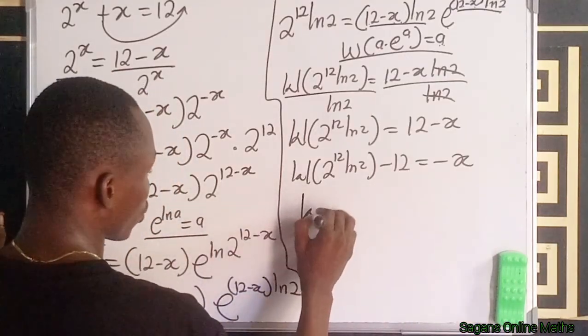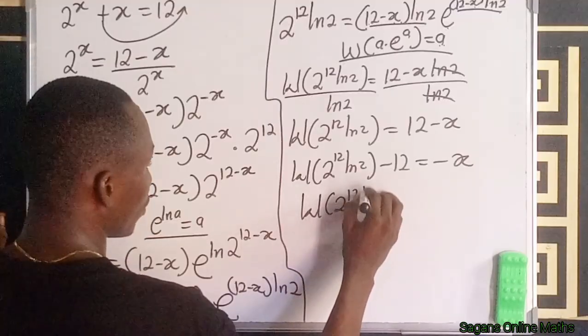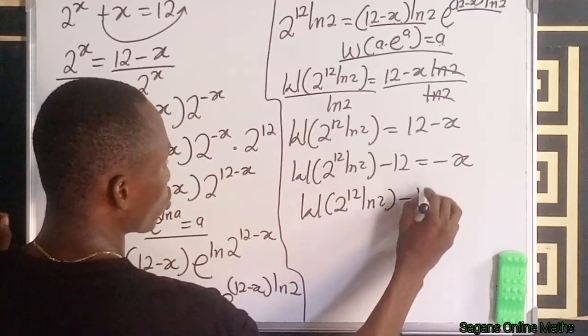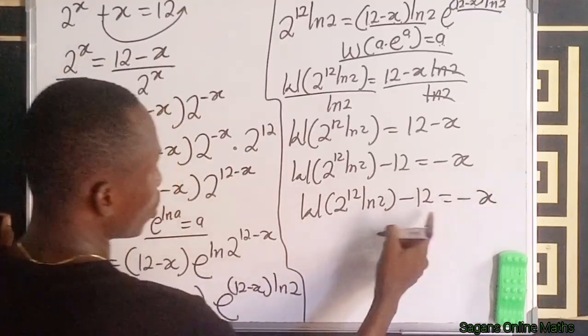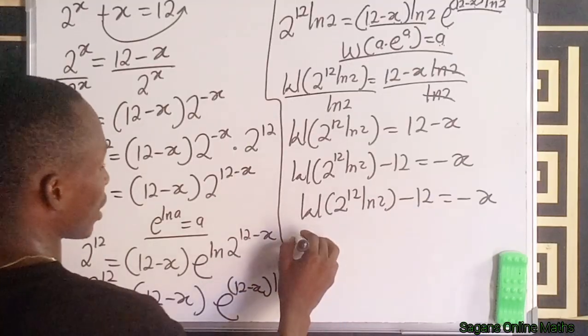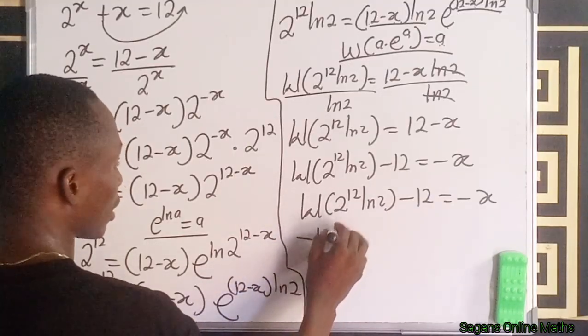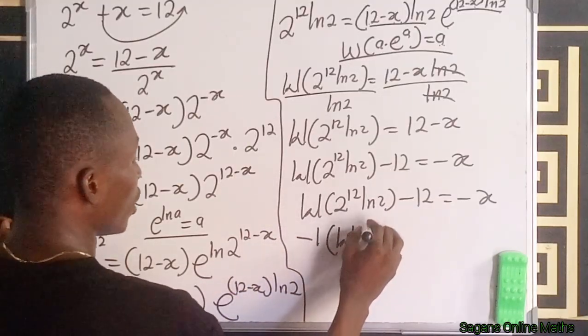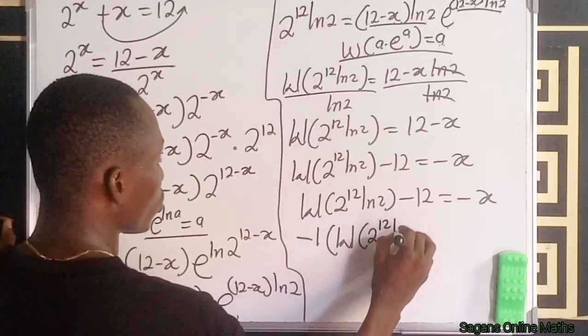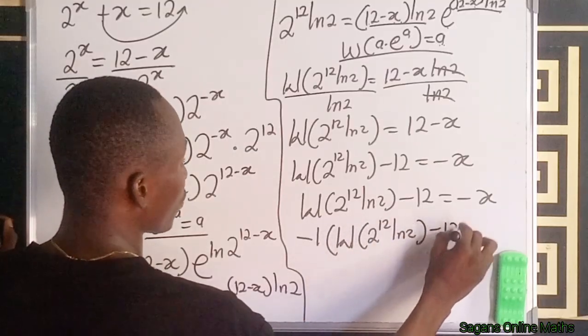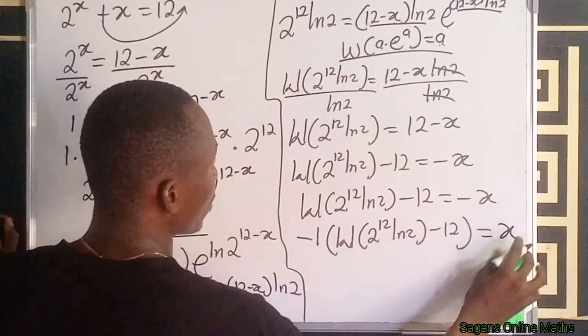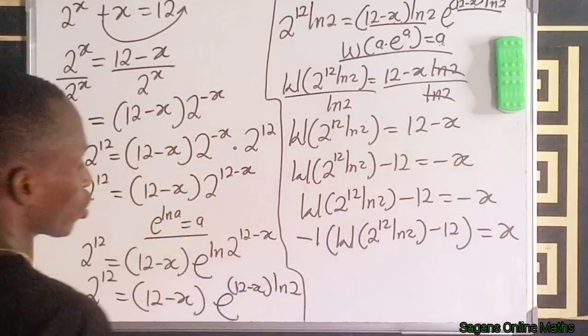So I want to add that the W function of 2 to the power of 12 ln 2, minus 12, is equal to minus x. So if we multiply both sides by minus 1, we'll see that minus 1 times the W function of 2 to the power of 12 ln 2, then minus 12, is equal to x, because we multiply both sides by minus 1.